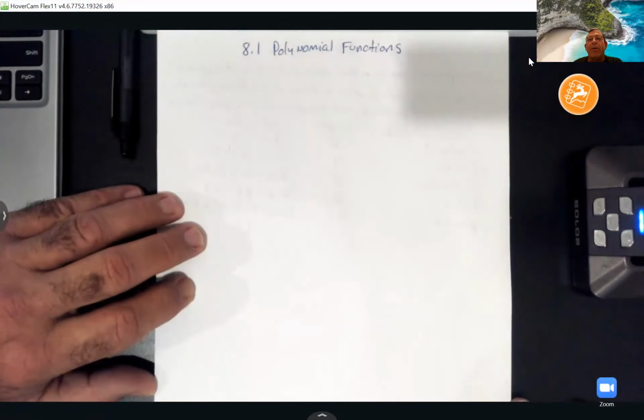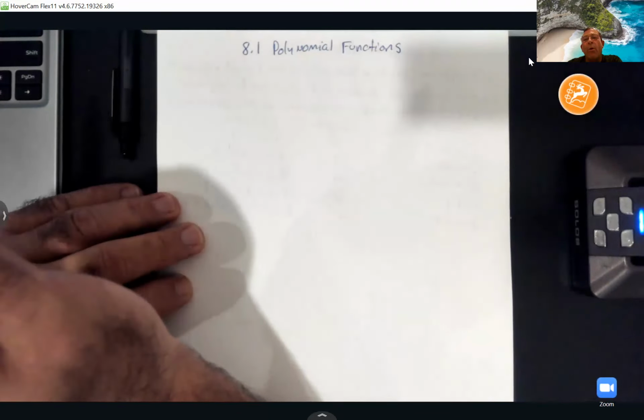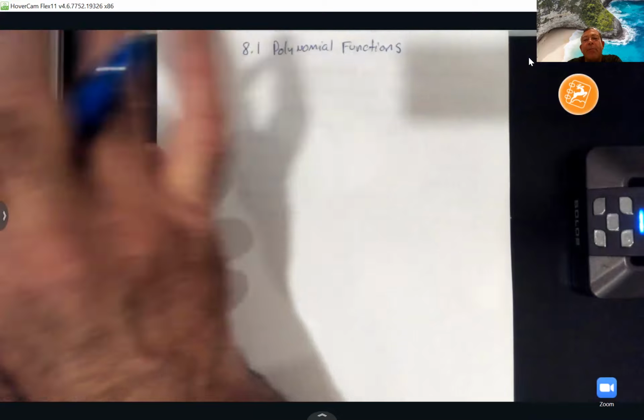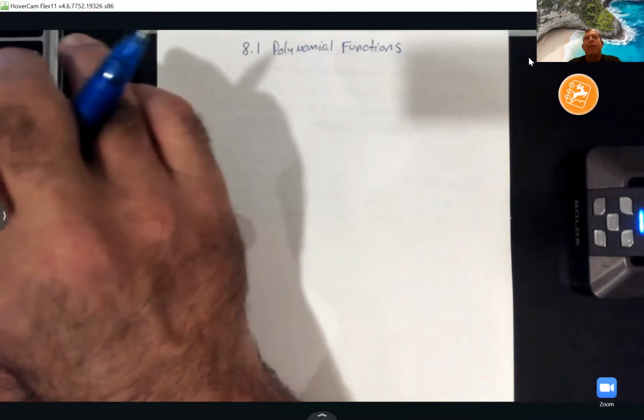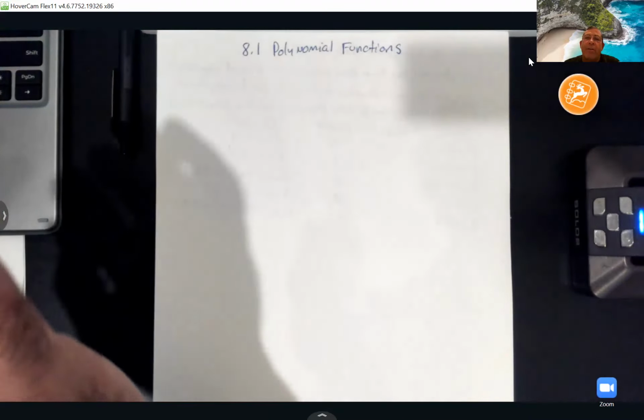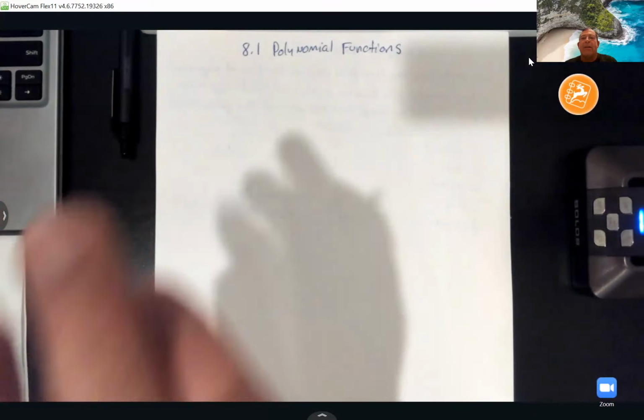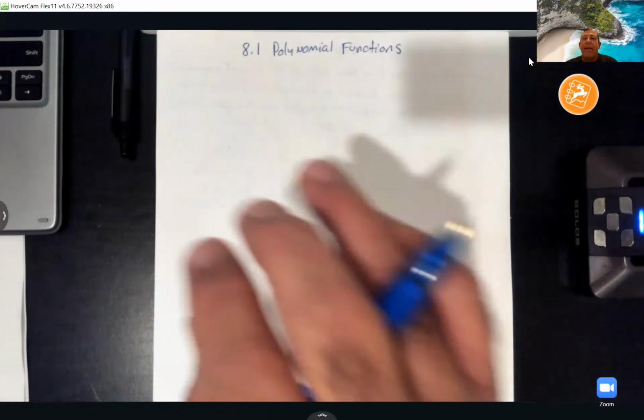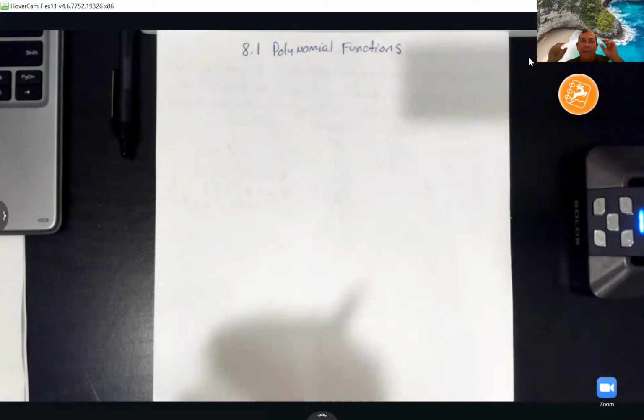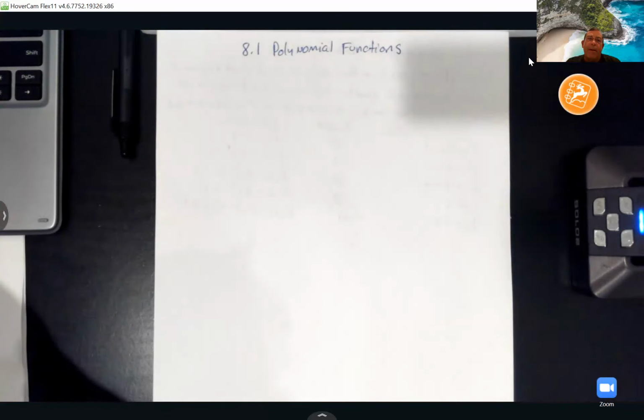So the first thing on these polynomials, we're going to look at what we call the end behavior of the graphs. So what they mean is, what's the graph doing as these x's go towards negative infinity and infinity, okay? So graphs with even degrees are similar, and then the graphs with the odd degrees are similar.